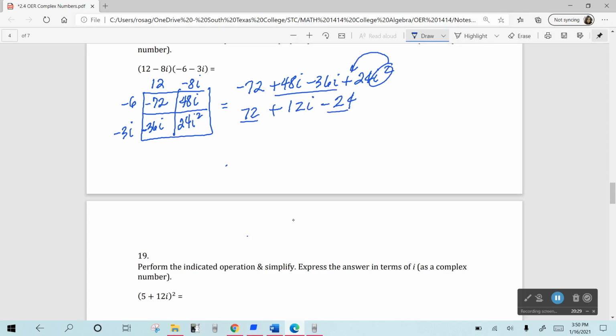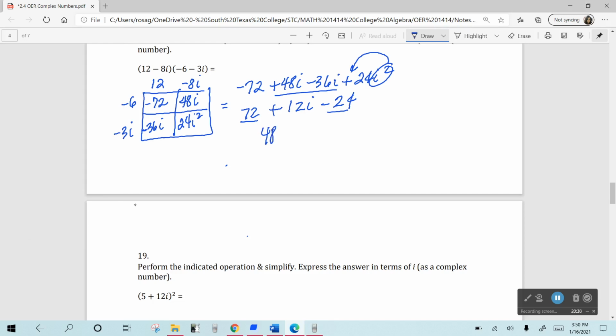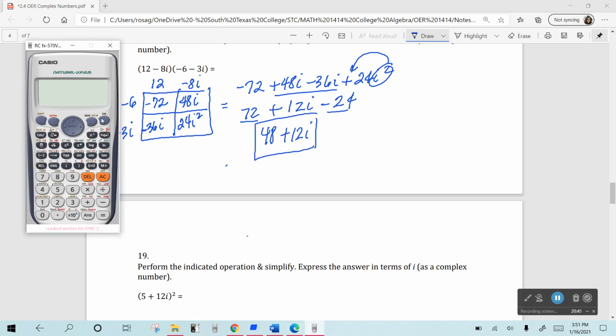And then I subtract those two. 72 minus 24, 48 plus 12i. I'm confident on my steps. I am not so confident on my arithmetic. So let's check it out.